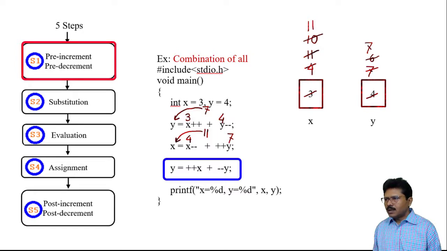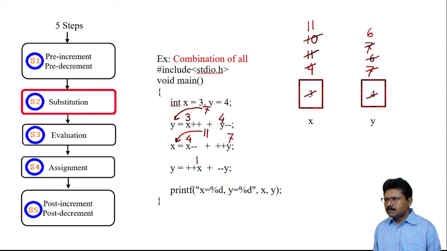And y is decremented, value of y will be 6. Next substitution, so x is 11, y is 6. This will be added, result is 17. Next assignment, this 17 will be assigned to y.